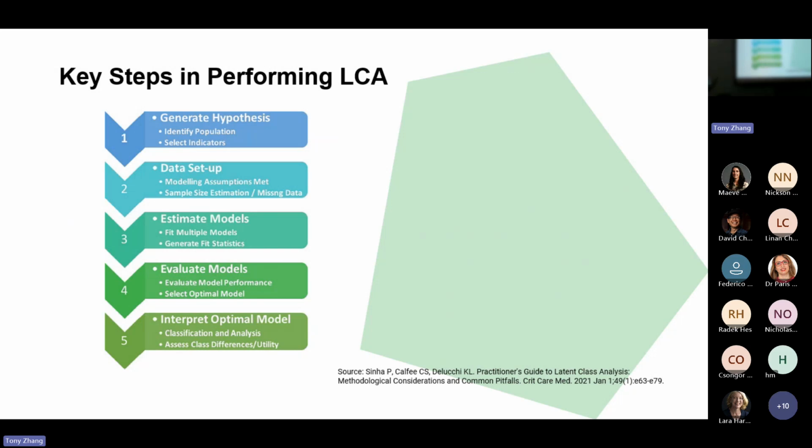In step two, before you do the analysis, you need to check the data properly. In step three, we fit the LCA model or LPA model. We normally fit a series of models with an increasing number of classes. In step four, we evaluate all the models and pick the optimal model. In step five, we do the interpretation, and sometimes we need to do some external validation as well.